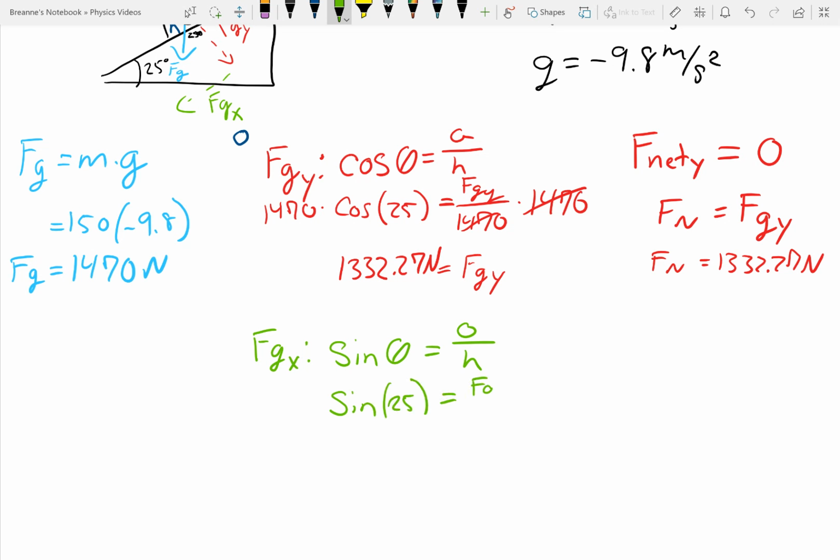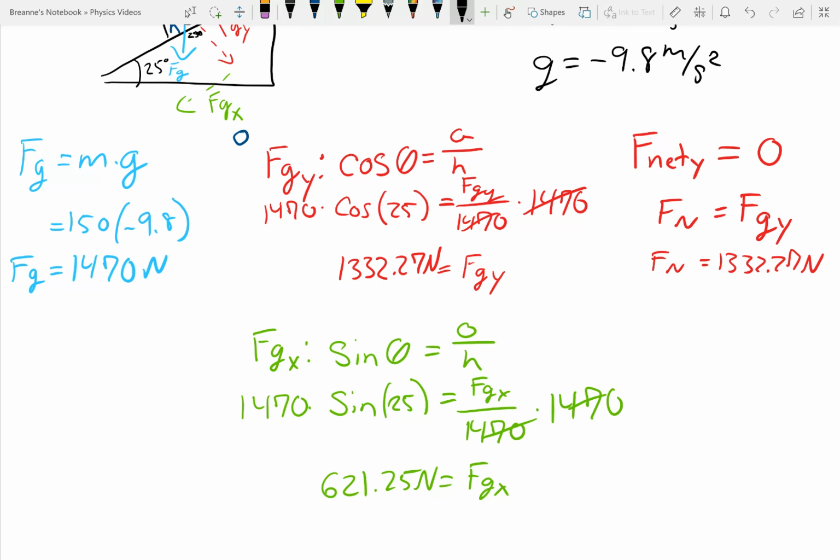Our opposite is force of gravity in the x. Force of gravity is our 1470. Again, we want our force of gravity in the x to be by itself. So the opposite of divide is multiply, and what you do to one side, you've got to do to the other. So you plug that into your calculator, and you get 621.25 newtons. And there you go.